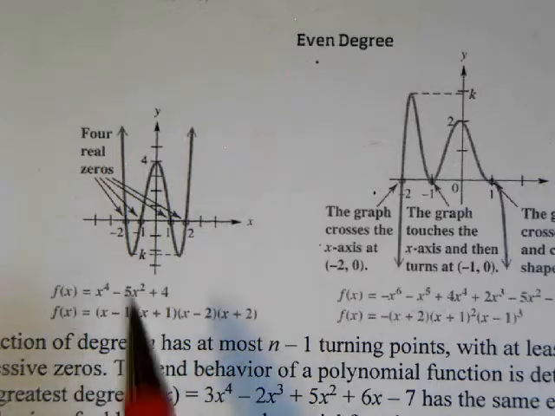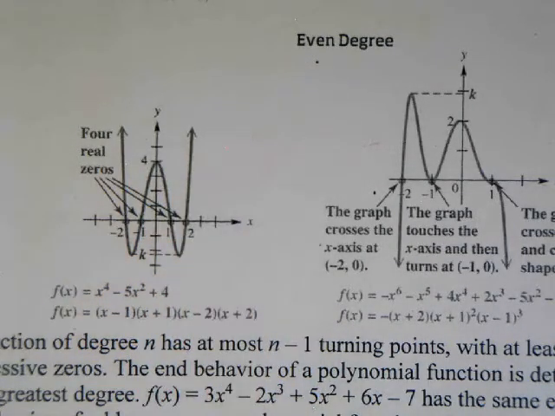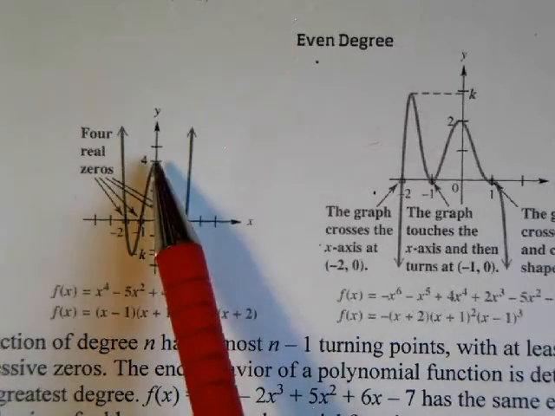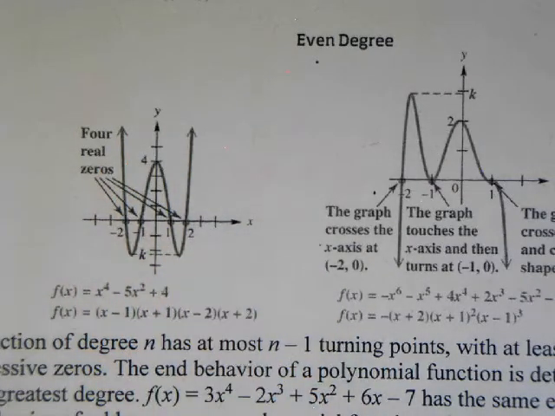And again, note that it crosses the x-axis 4 times, and that creates 3 spots that are relative minima or maxima. So here a maximum, relatively speaking, in this range, and then these 2 minima again.